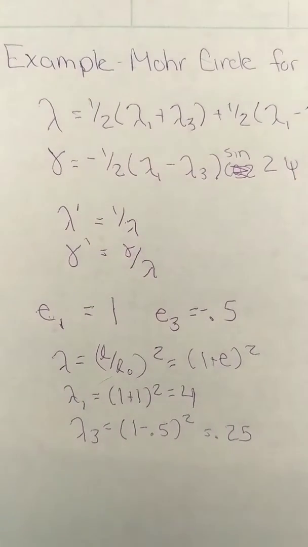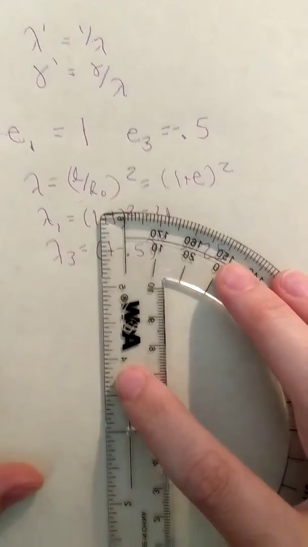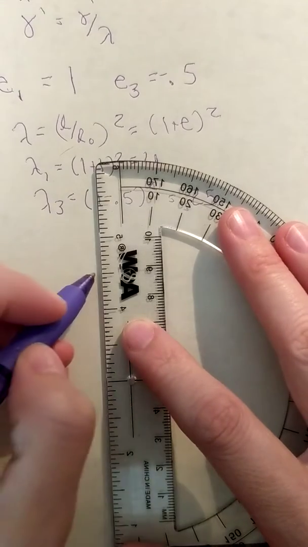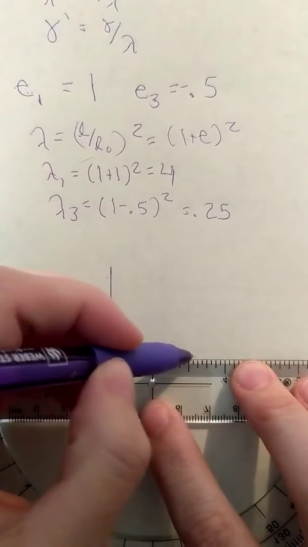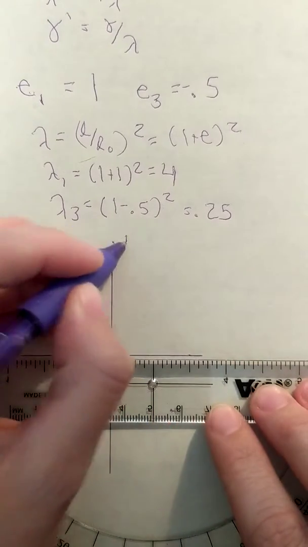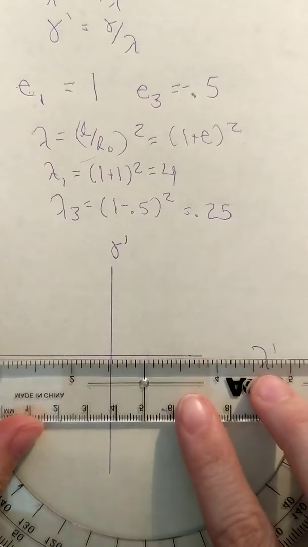We want to plot this up on our Mohr strain diagram, just like before. So we're going to be plotting things up. It's going to be our gamma prime, it's going to be our lambda prime.